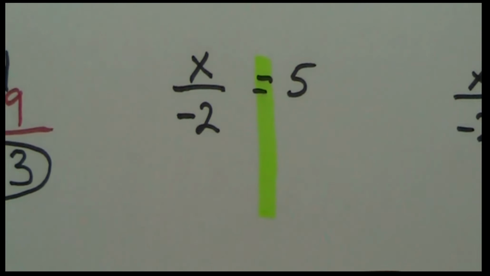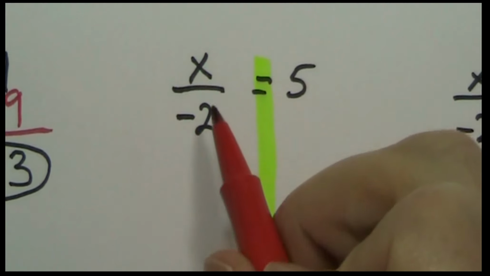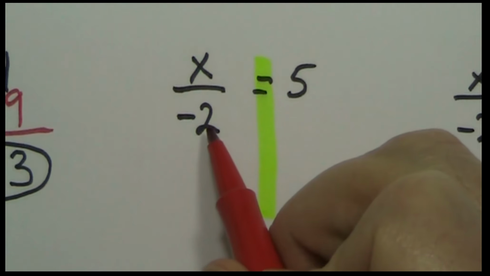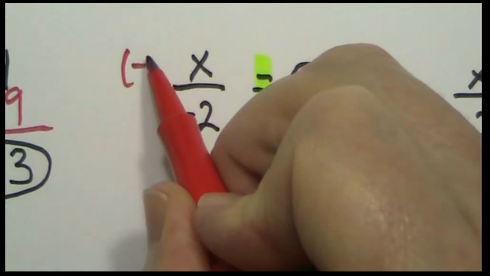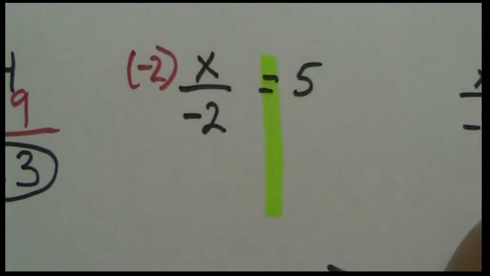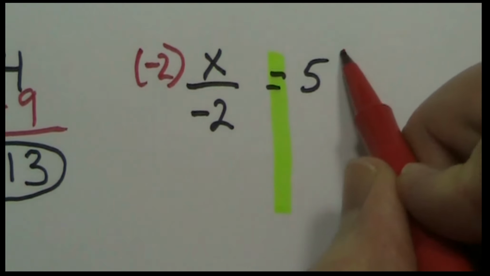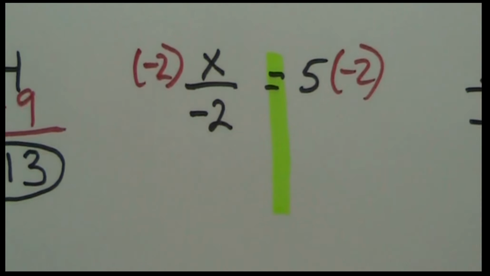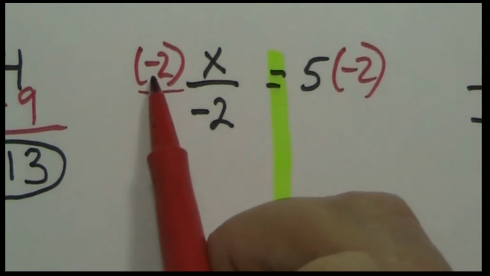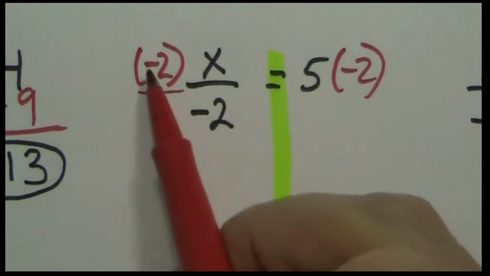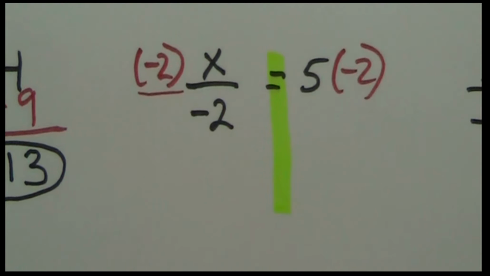Okay, so let's see. This is dividing by -2. Well, I'm going to use the same number, -2, but I'm going to multiply. Right? I'm going to multiply by -2. Because notice how this is really on top. See that? It's on top. And so that's why it reduces it. You can think of it as canceling, but it's not canceling.